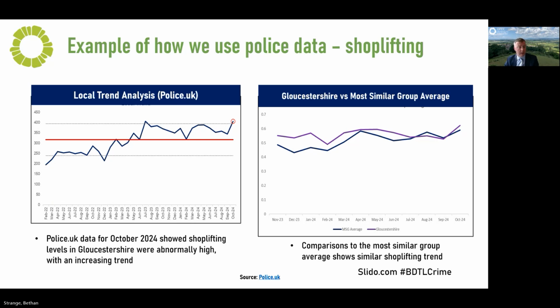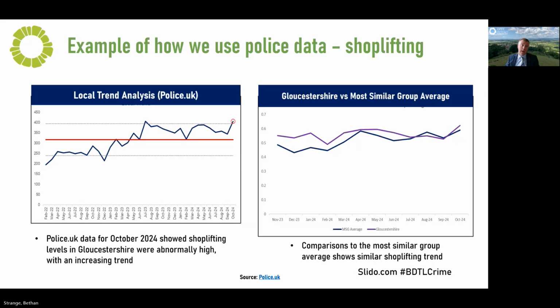So that creates an abnormally high level above that midway point, and an increasing trend as well. So we're outside of the control bars, and we're increasing according to our police.uk figures, which is obviously the national stats that we use.